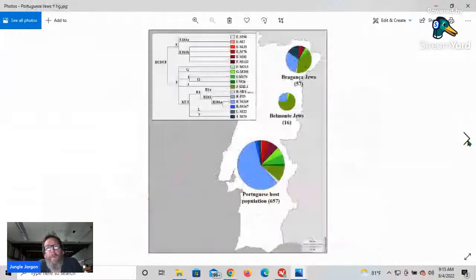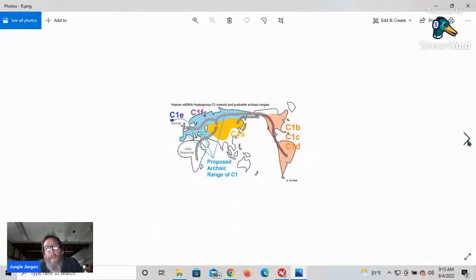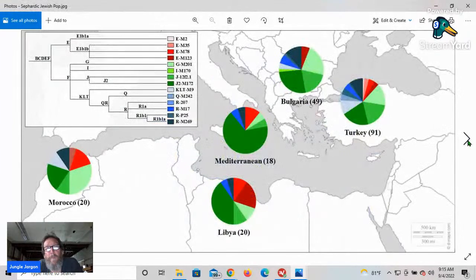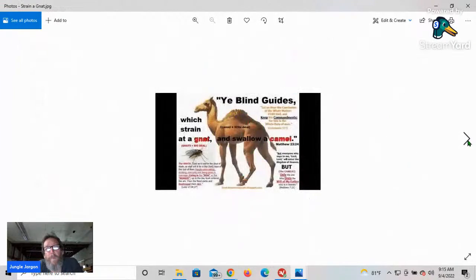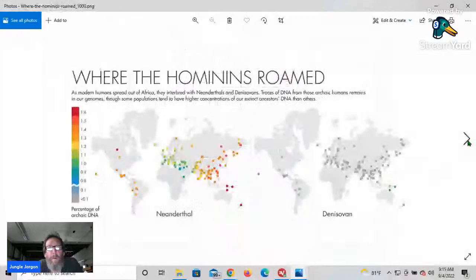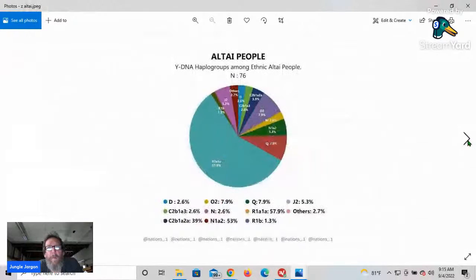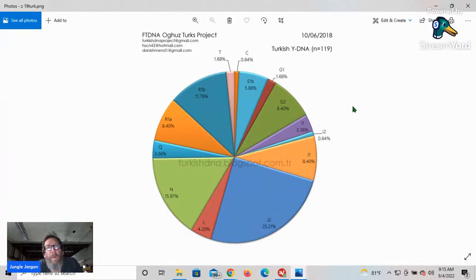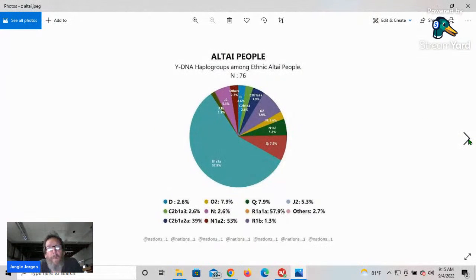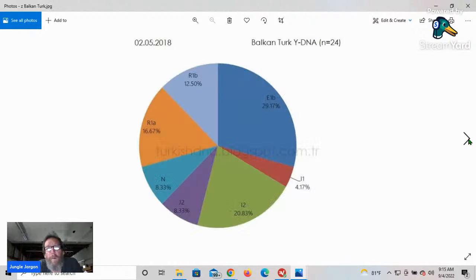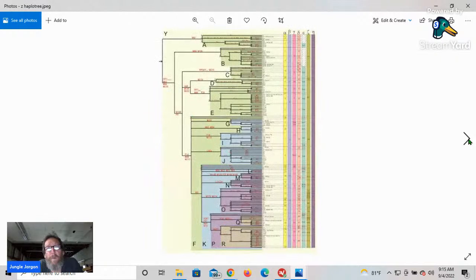The Uyghurs are Judaic too. Altai. What's this? Okay. Kazakhstan, Balkan, Turk.